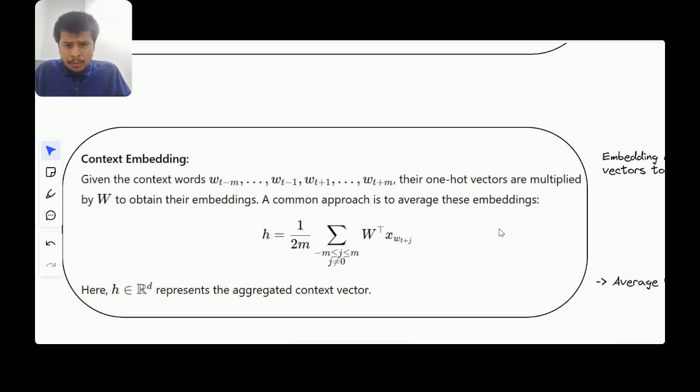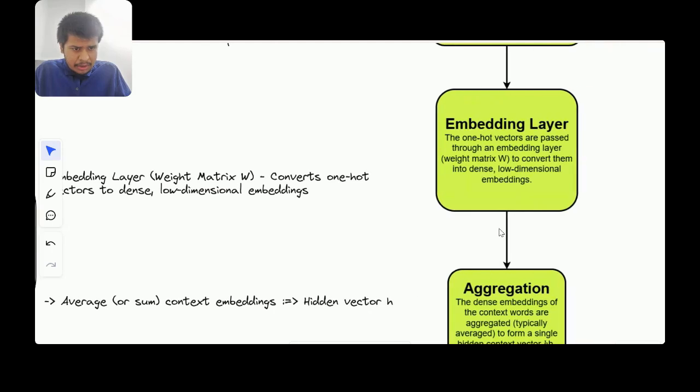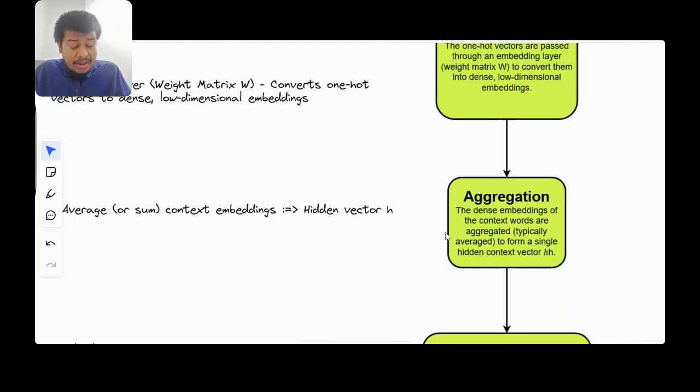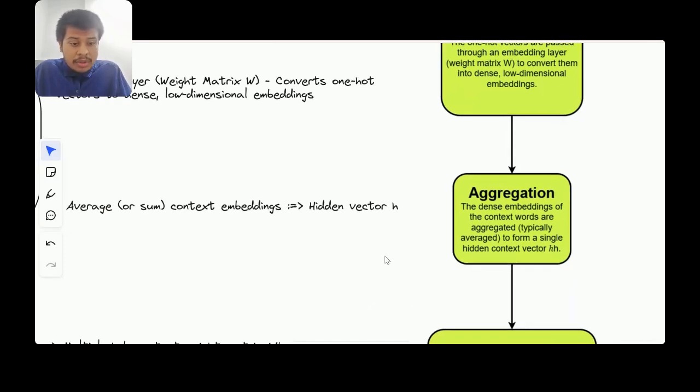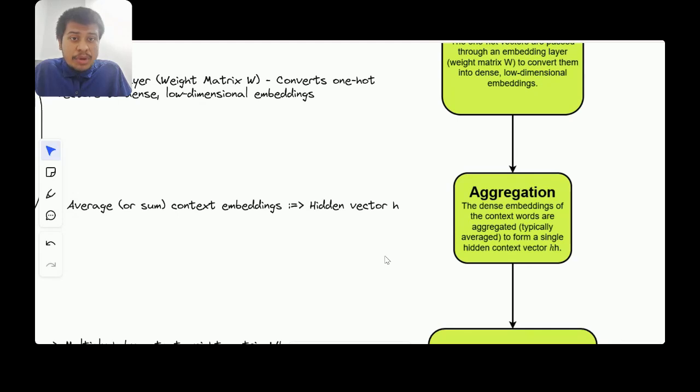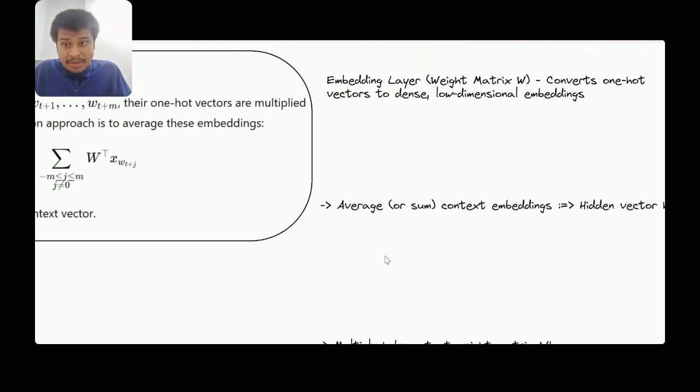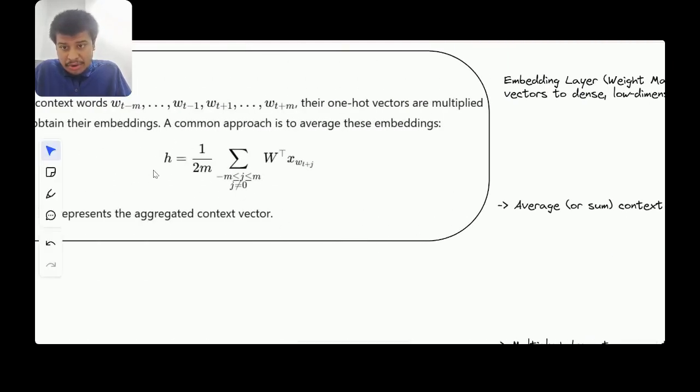Now you get this context embedding, you've aggregated it, and you've got this hidden vector h. Now we move it to the output layer. Only while training we do this, because we want to verify whether this particular context vector is representing the word correctly or not.